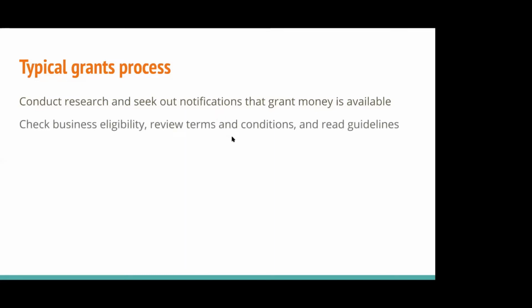So once you've found a funder that you think might be interested in your business, there's a couple of things that you really want to look for right off the bat, because we are all busy people. Nobody wants to be researching for hours upon hours a day. And so the first thing that you want to know about any funding opportunity, first of all, you're checking to make sure that you are eligible.